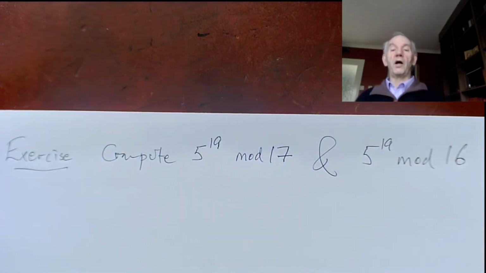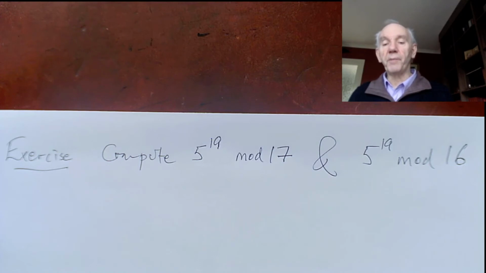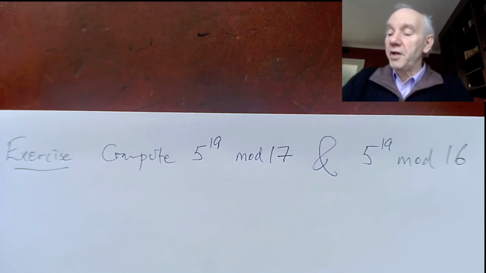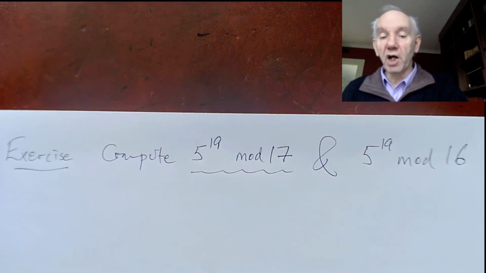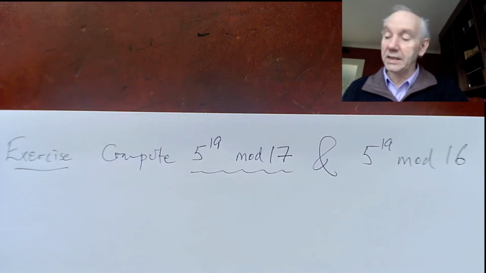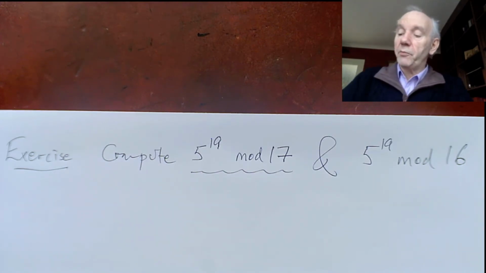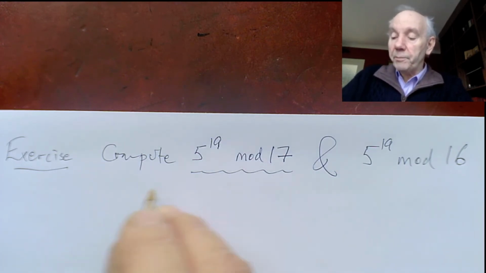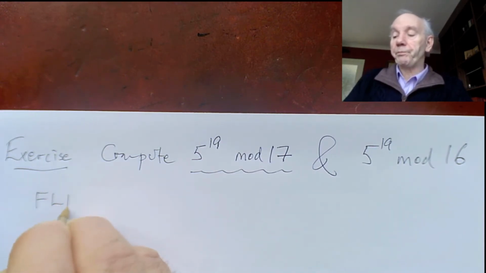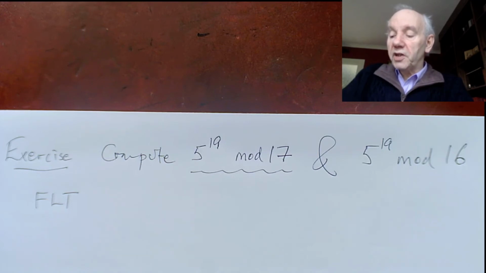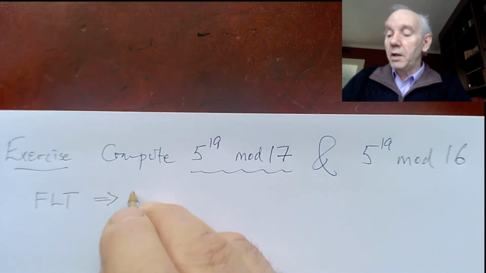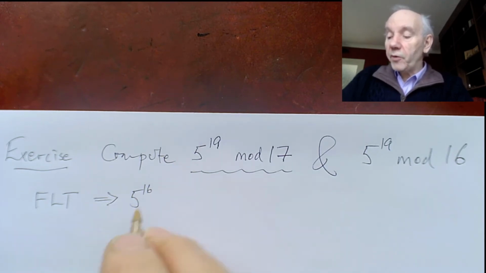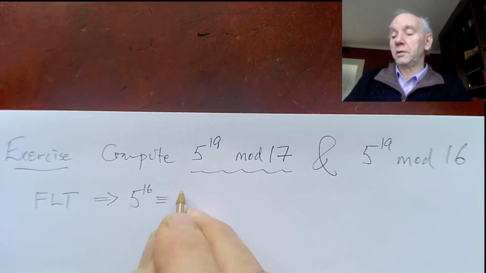Now I've given both of these just to remind you the difference here. In this case, the 17 is a prime number, so we can use Fermat's Little theorem, which tells us that 5 to the 16 is equivalent to 1.